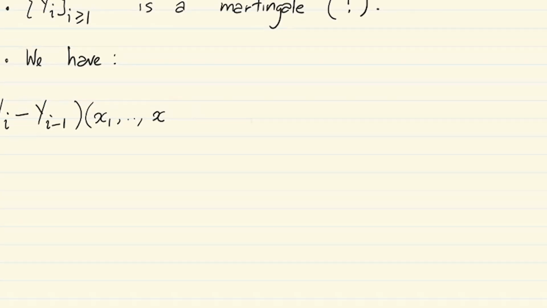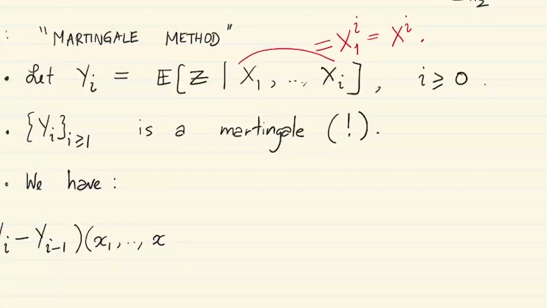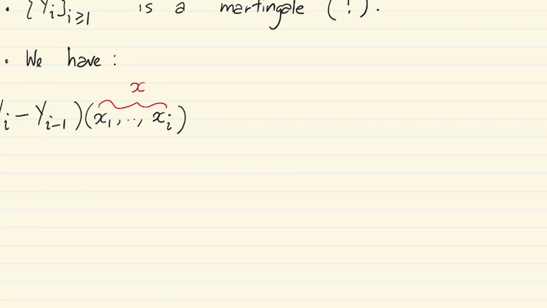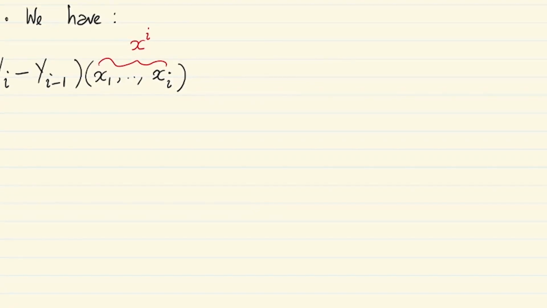In particular we know that Yi is going to be a function of x1 through xi. Yi minus 1 is going to be a function only of the first i minus 1 random variables. So in general this difference is going to be a function of the first i of these random variables. Okay, and in our notation this is just x superscript i, just for our reference.